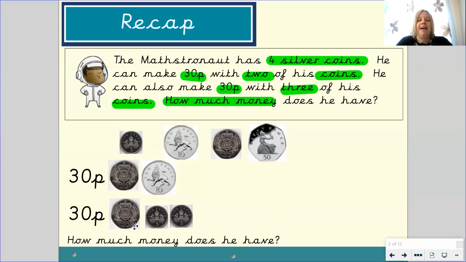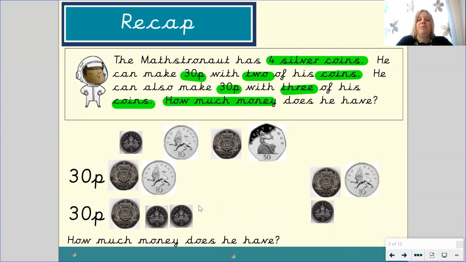We know he has 20p's in his wallet. So we can take a 20p because we know he has used a 20p coin. We also know he has a 10p coin, so we can take a 10p coin. We also know he has a 5p coin, so we can take a 5p coin.